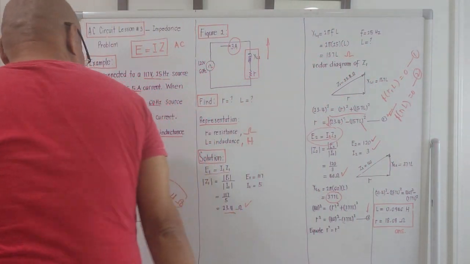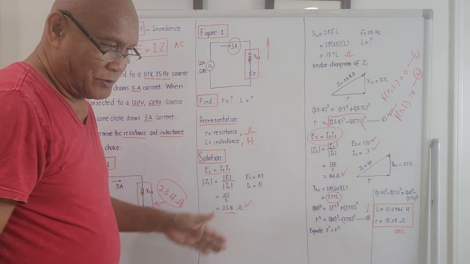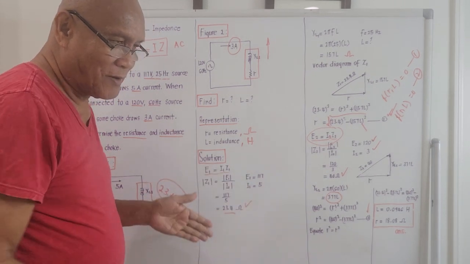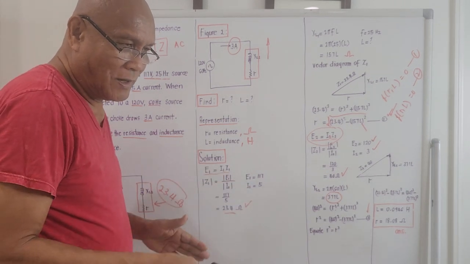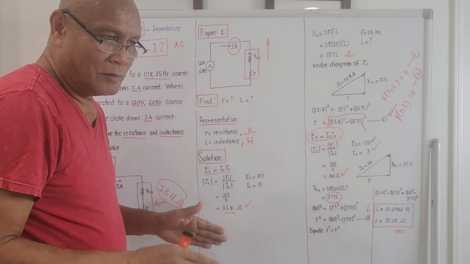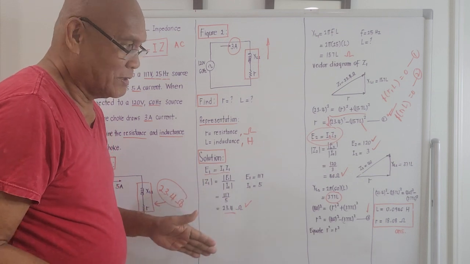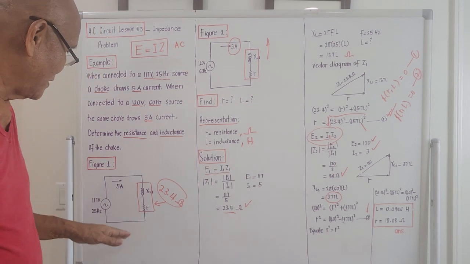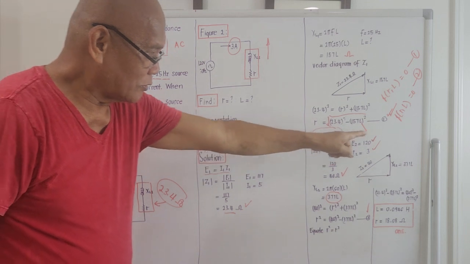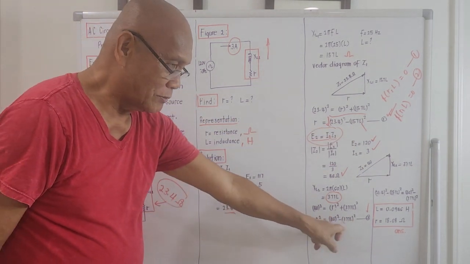That's how we work in electrical engineering. We discuss the concept, we bring out the formula, then we analyze the problem, and using your knowledge of lower mathematics, formulate your own equations to compute the unknowns. After using figure number 1 and number 2, we formulated equation number 1 and equation number 2.